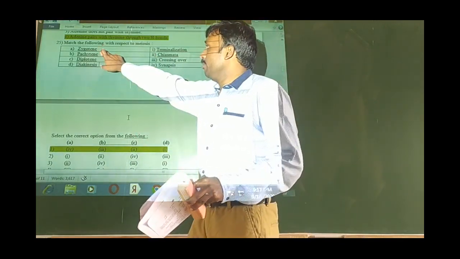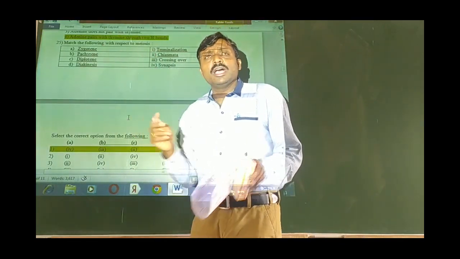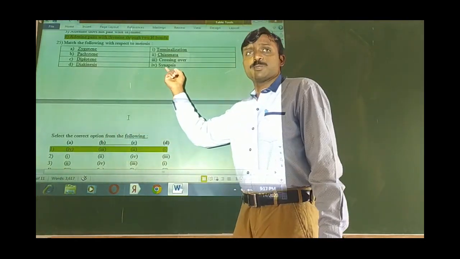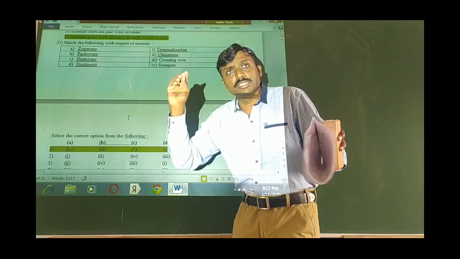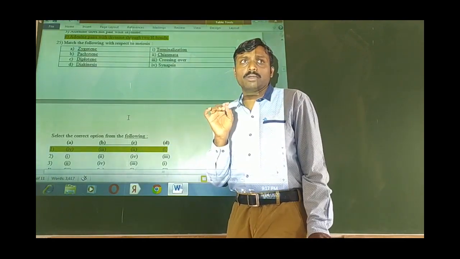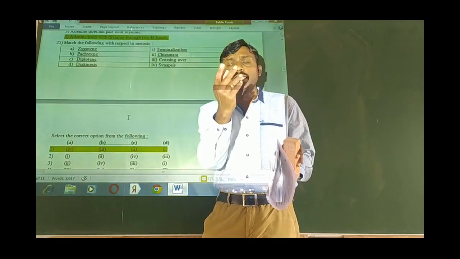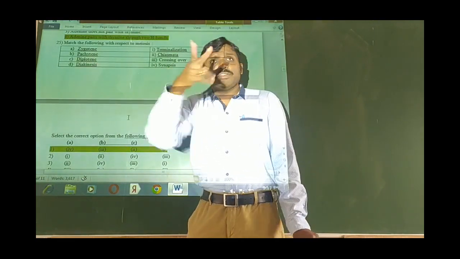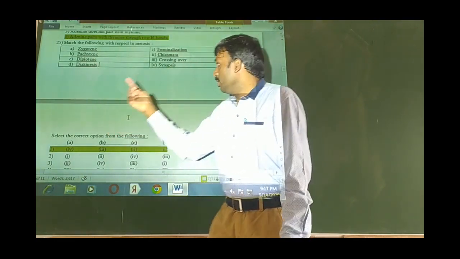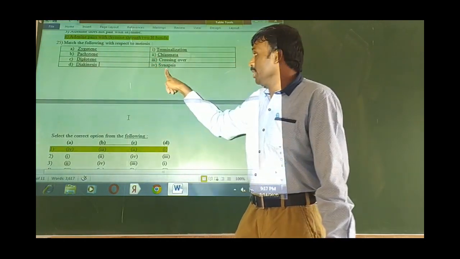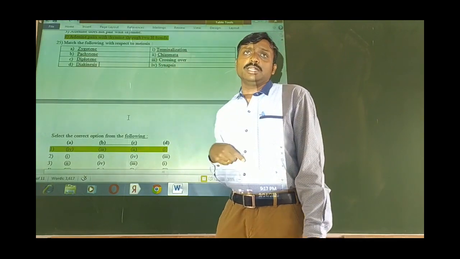So zygotene, remember, zygote in the sense always forms after the fusion of 2 things. So synapsis, this is the key term. This is the way you need to remember also. Zygote means what? It always forms after the fusion of 2 things. Because of the combination of 2 different chromosomes there, that process is called synapsis. So zygotene can easily be determined with synapsis.